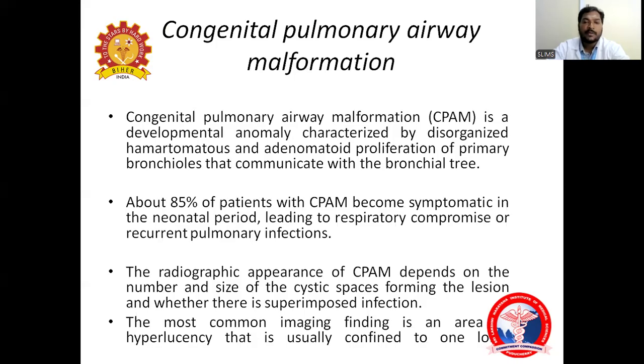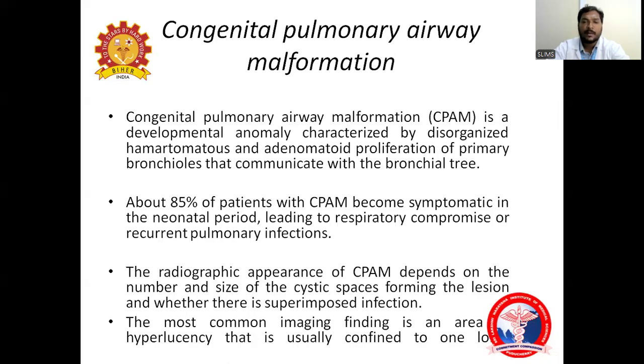About 85% of patients with CPAM become symptomatic in the neonatal period, leading to respiratory compromise or recurrent pulmonary infection. Following delivery, CPAM patients may have acute episodes of respiratory distress needing NICU admission, as well as recurrent episodes of lower respiratory tract infections.